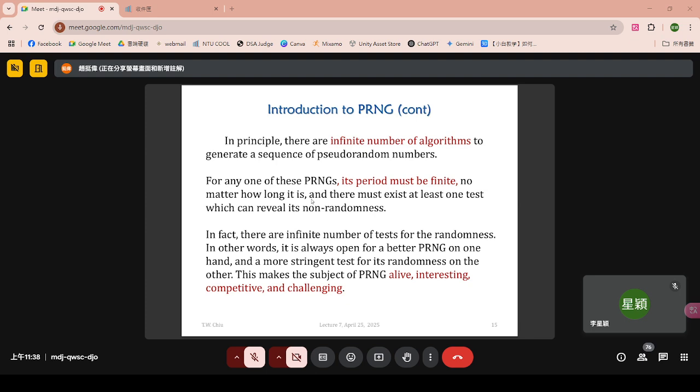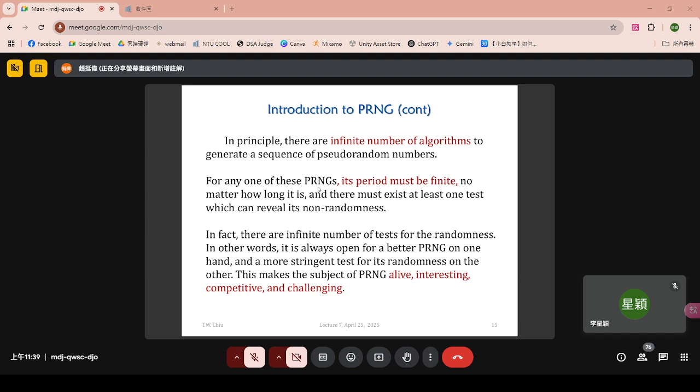For any pseudo-random generator, the period must be finite. That means after you generate a very, very long sequence, it will repeat. So you should at least invent a test which can reveal its non-randomness.